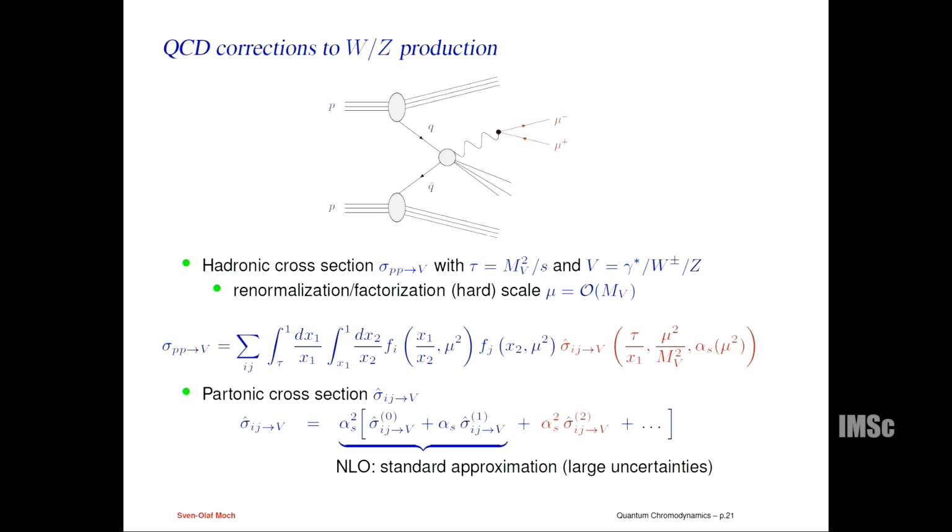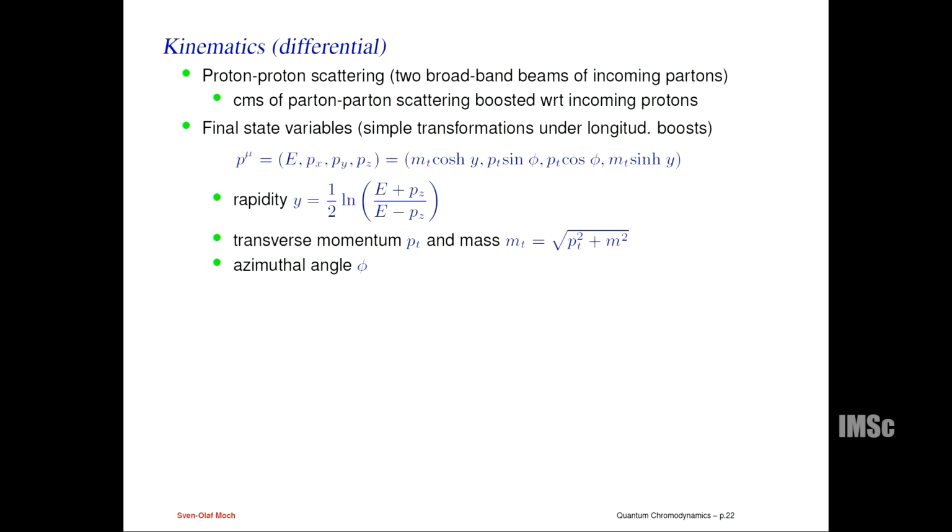So in this way we have expressed the double convolution in terms of a double integral over the scaling variables x1 and x2. And the quantity here is what I want to calculate, the leading order and next to leading order cross-section.